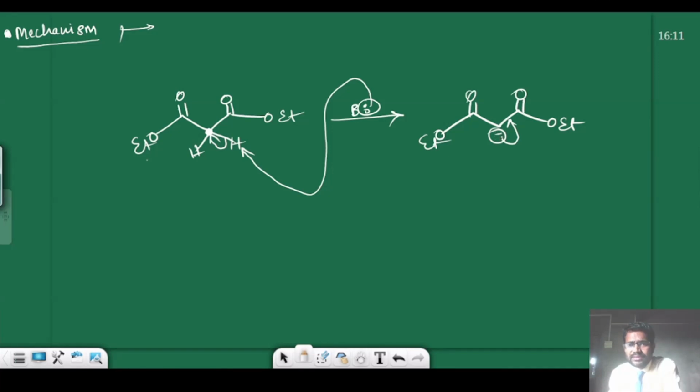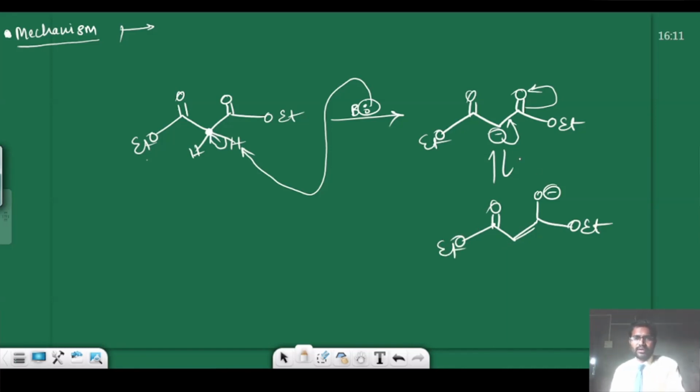When it does, the negative charge moves further like this, the pi bond breaks, and there is a formation of this compound: O minus OEt, C double bond OEt. This is a reversible reaction, because the enolate anion generated over here can do the conjugation and again take the proton from the generated conjugate acid.